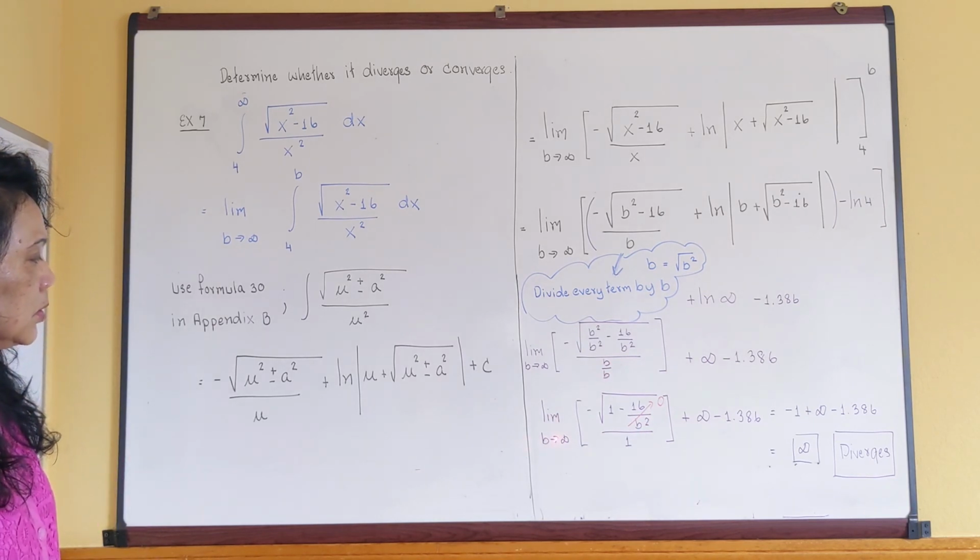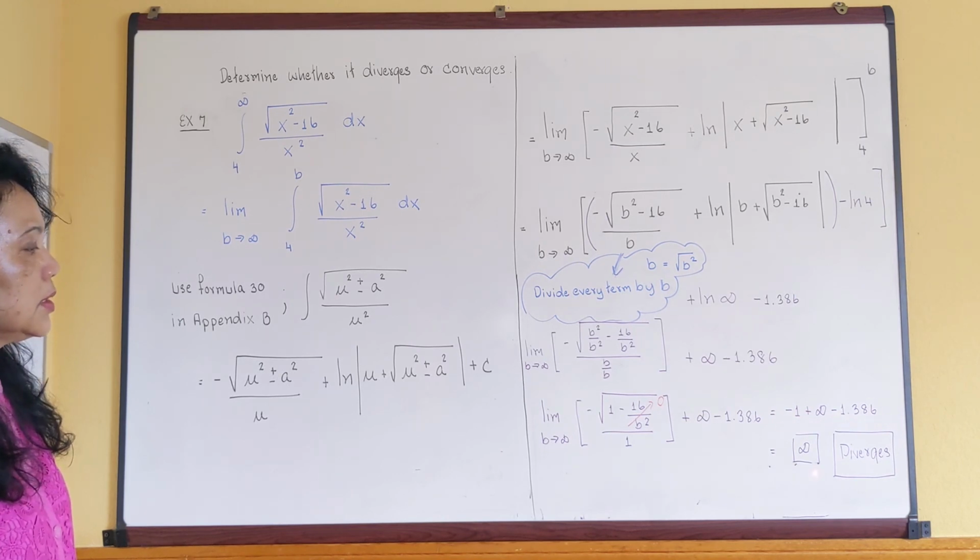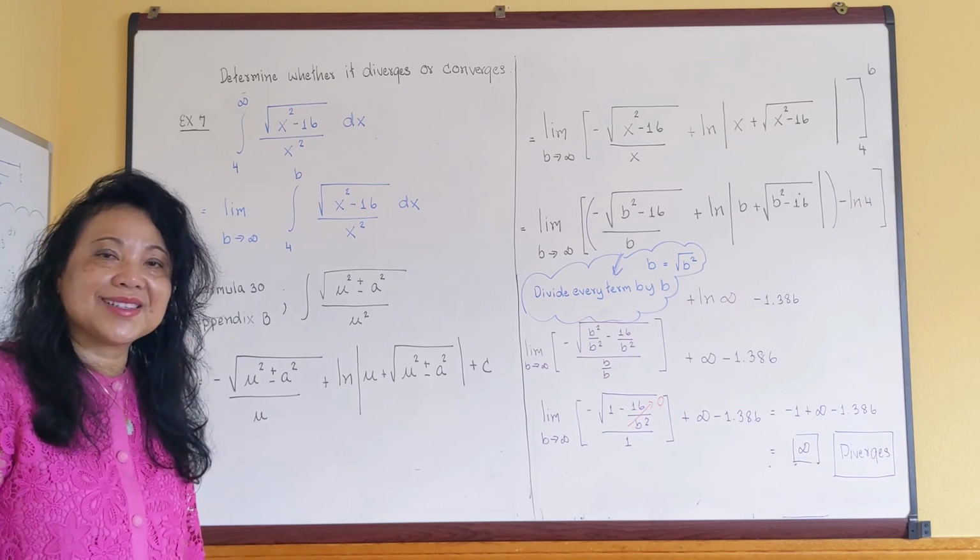Now as b goes to infinity, this term goes to 0. Then I'm going to have negative square root of 1 over 1, which is negative 1, plus infinity minus 1.386, which is infinity, which is divergence.